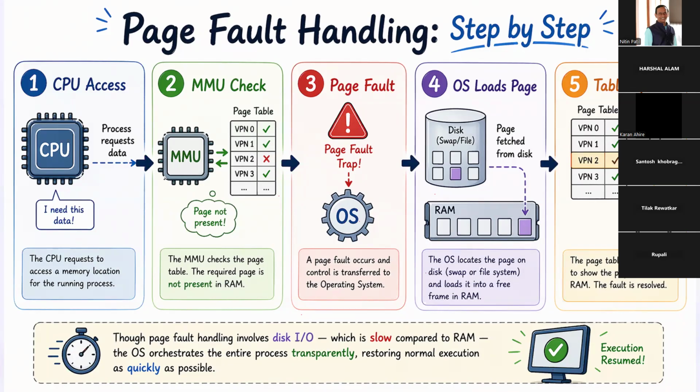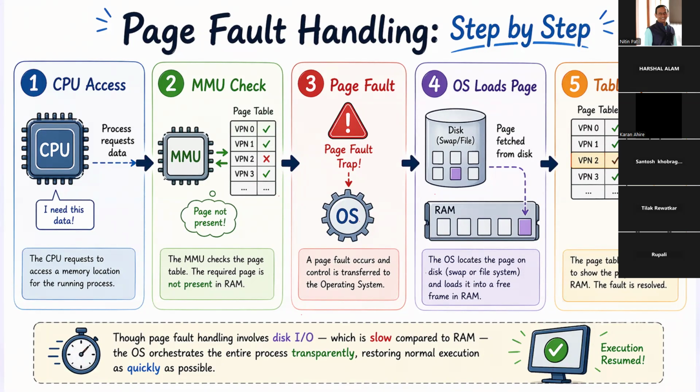Yes, page fault handling involves disk IO, which is significantly slower than RAM. But the most important part here is that the operating system manages this entire sequence transparently. You don't see the delay. You don't manage the movement. You don't even know what happened. So what is the process here?